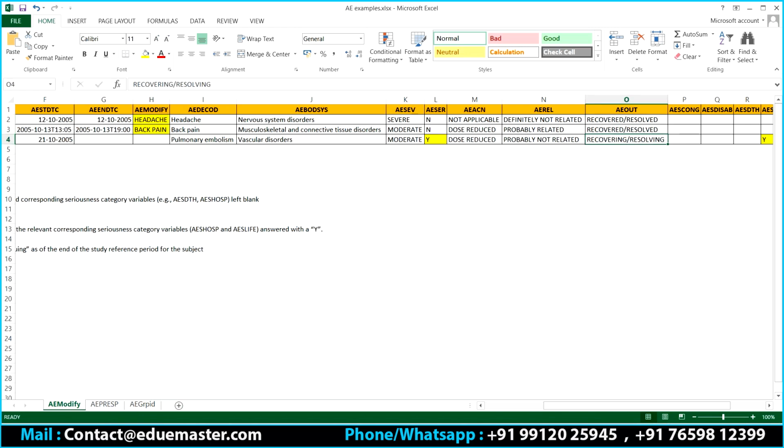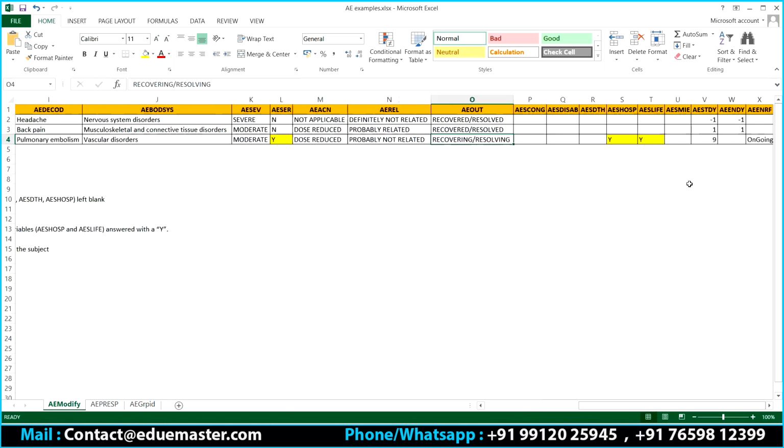So this is continuously happening. Since it is continuing, the patient has a life-threatening event, he has been hospitalized, he's recovering, the seriousness is high, and the end reference is ongoing. Can you connect all the dots now? Every one of you? Are you able to connect all the dots?